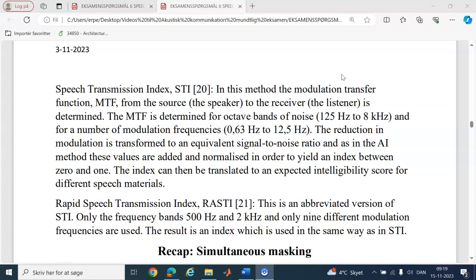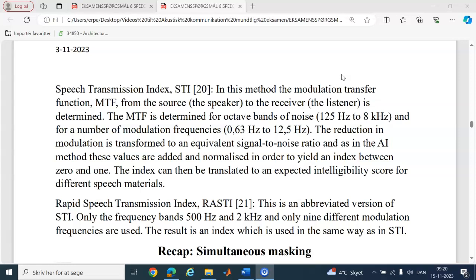The MTF function is determined for octave bands of noise from 125 Hz to 8 kHz and for a number of modulation frequencies, from 0.63 Hz to 12.5 Hz.